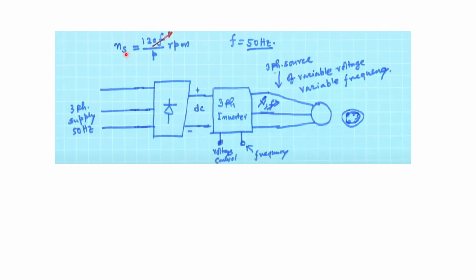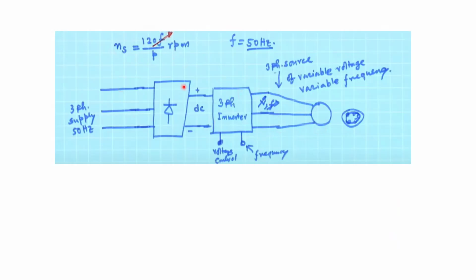If you can vary the frequency of the stator voltage supply, you can change the synchronous speed. Even though you do not change the slip, if the synchronous speed changes by changing the frequency, then you can control the speed of the machine, right? You can vary it. So this is what is done.